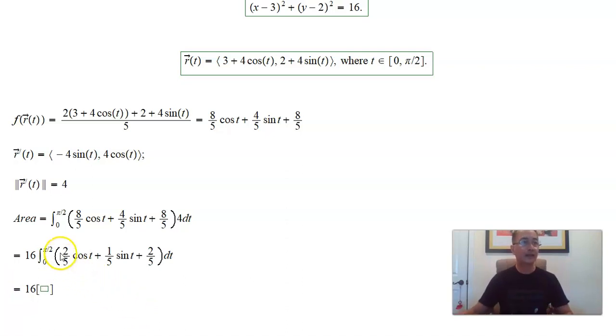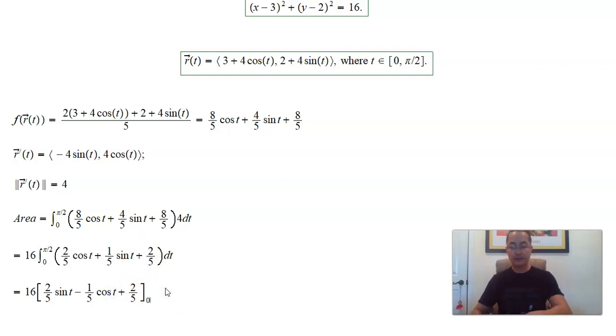And we will get 2/5 of sine t, and then minus 1/5 cosine of t, and 2/5 times t. Not there, inside.